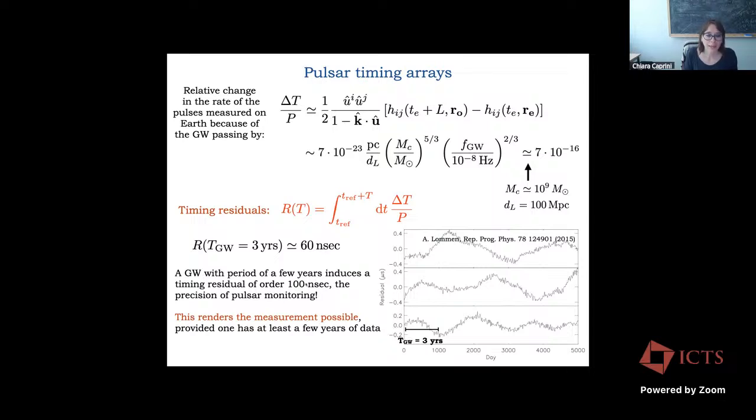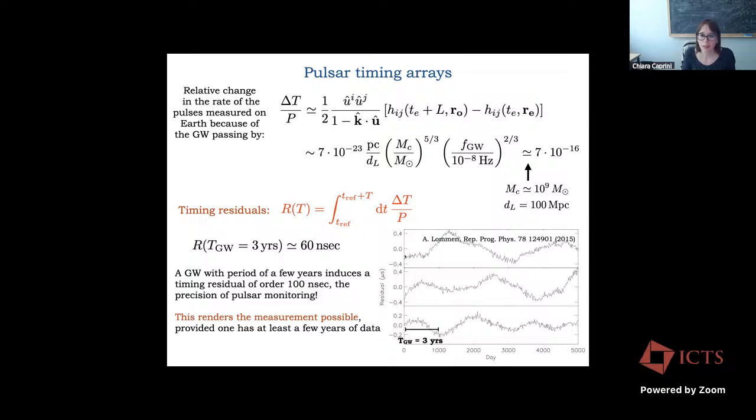And it turns out that this order of 100 nanoseconds is exactly the precision of the pulsar monitoring, or the precision is actually better than that. So that is what makes the measurement possible.